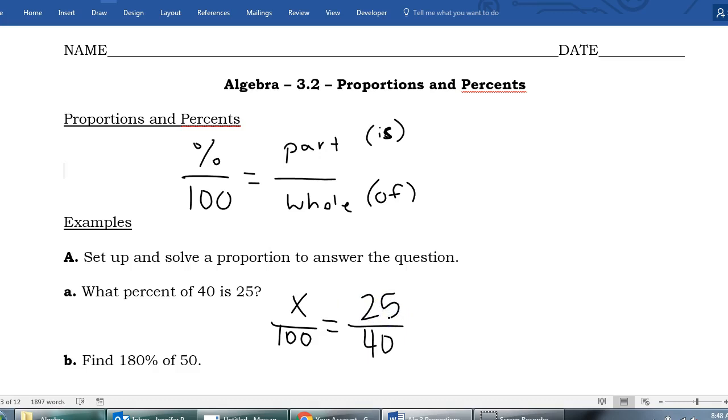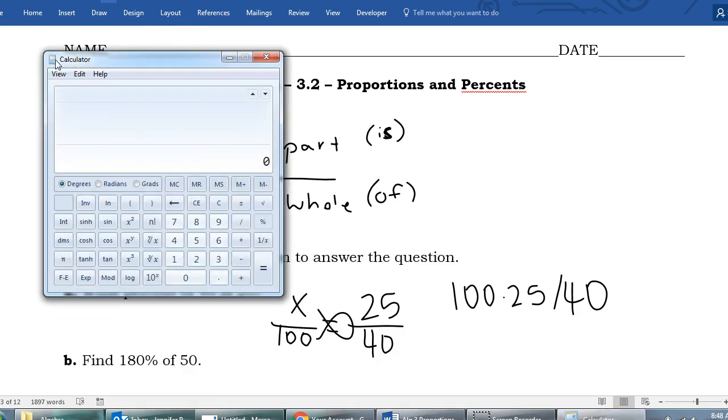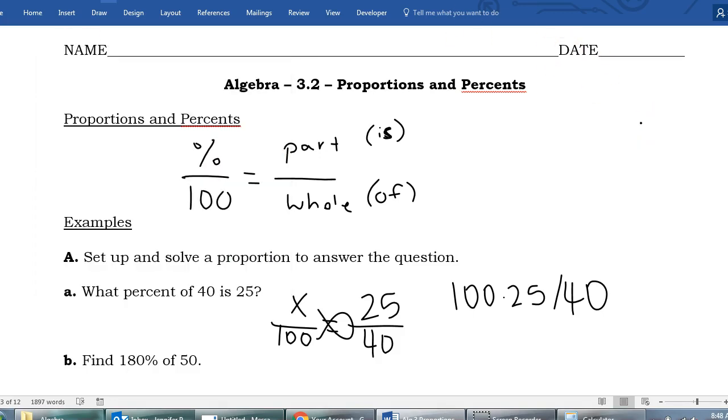And then we can cross multiply and divide. Use your little fish or use your cross products. That would be 100 times 25 divided by 40. Let's use a calculator. And that is 62.5%.